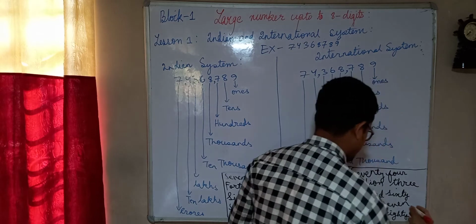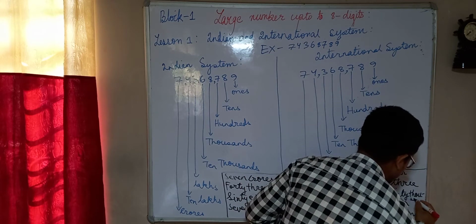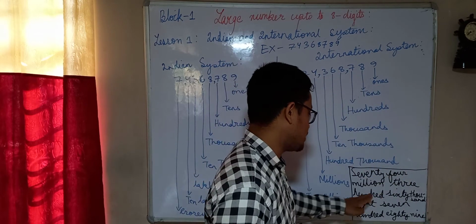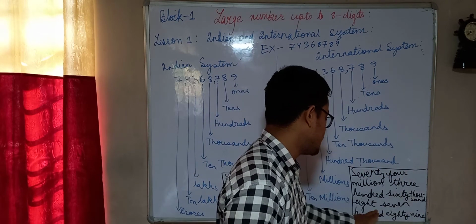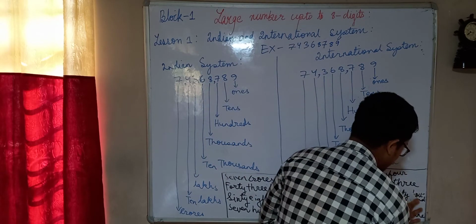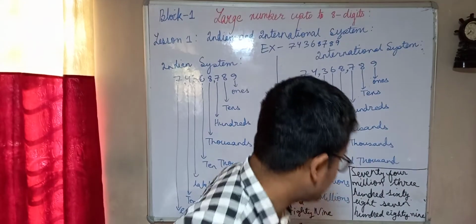Oh, I have missed, it should be thousand. Okay children, it should be thousand. So 368,000. I have missed a space over here, so let me recorrect this.